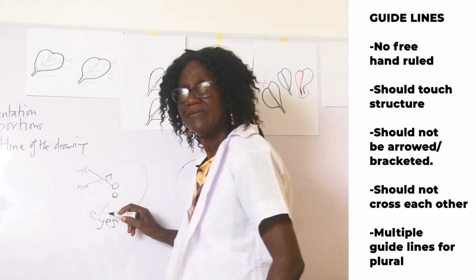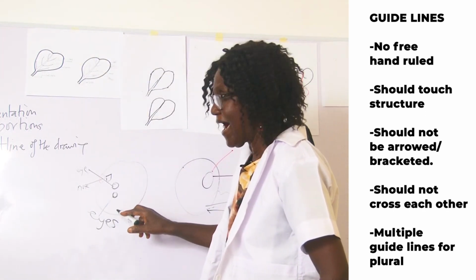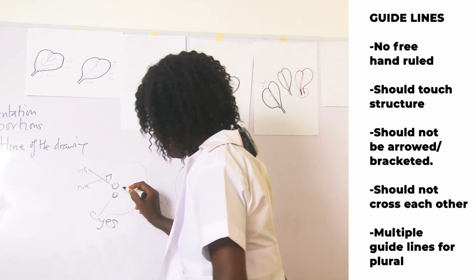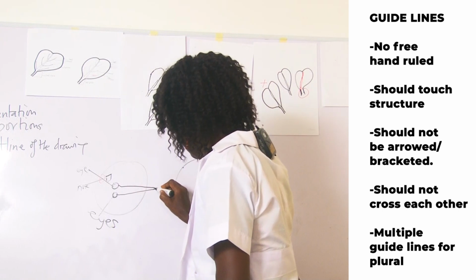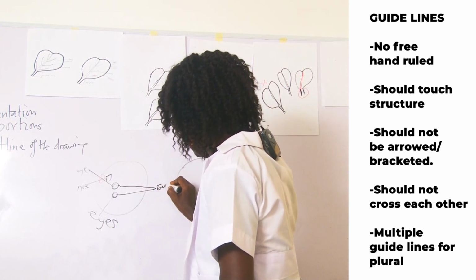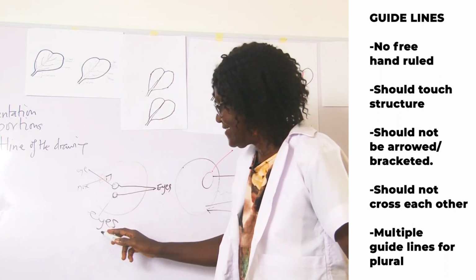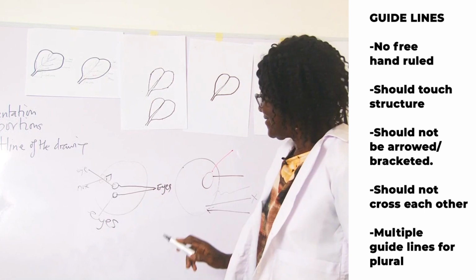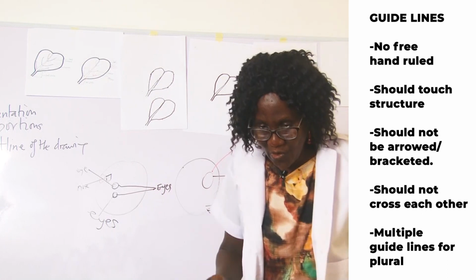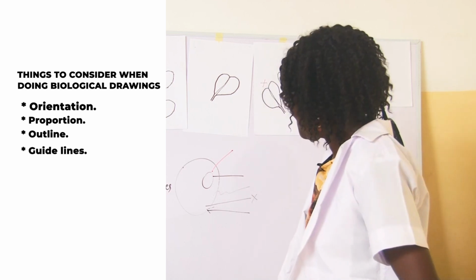It's one structure. It should not have a double. If I'm labeling eyes, then I must have two guidelines to show eyes. So you don't use a single guideline and label plural. That's right.